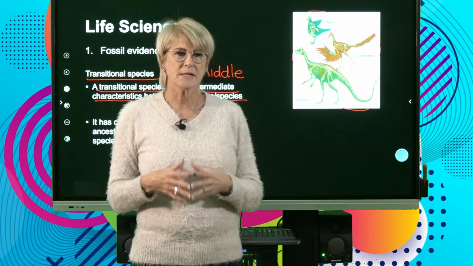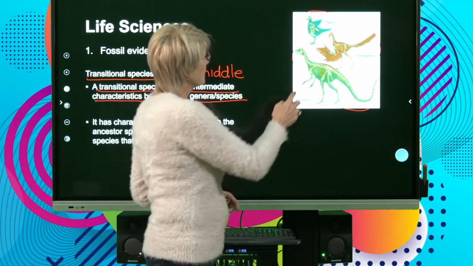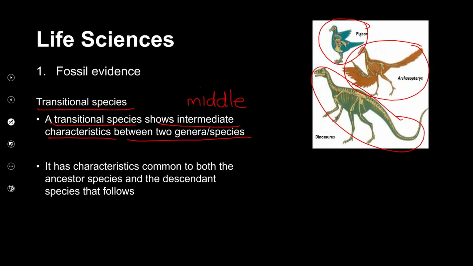What they discovered is that if you have a look at the structure of this bird, it's quite dinosaur-like if you have a look at the skeletal structure. Yet it had feathers and it had wings, which is more bird-like.